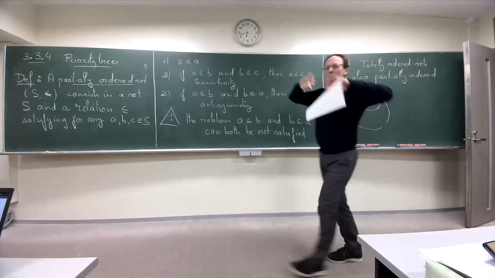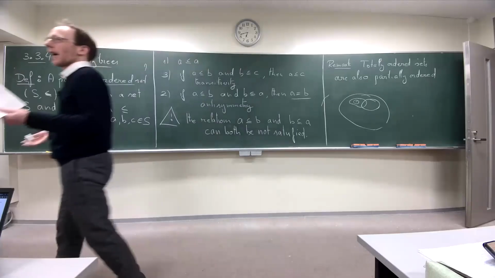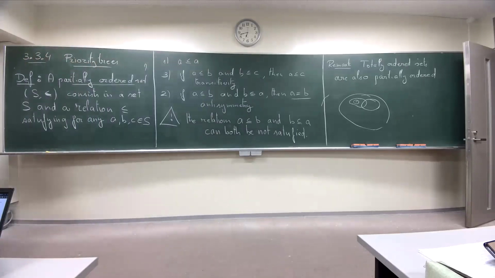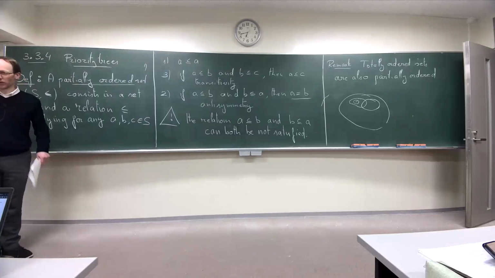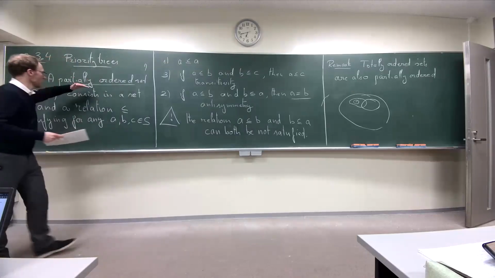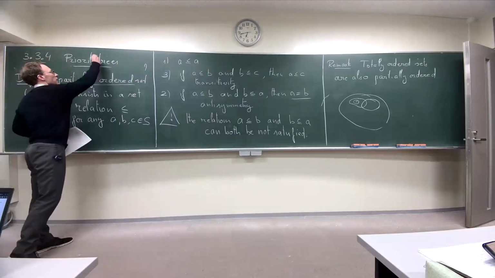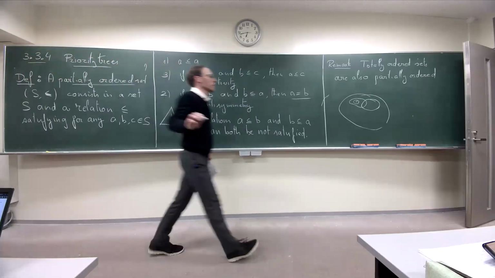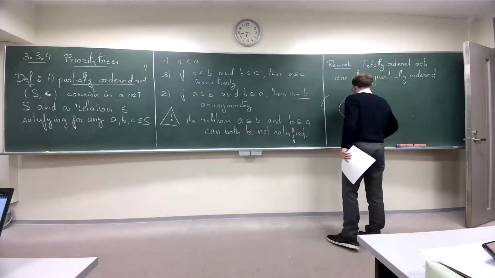So it means we are considering something bigger, a larger class of objects and relations. Okay, so I want to construct a tree related to this, which can encode this kind of information. And this is going to be called a priority tree. But I need one more ingredient before this.